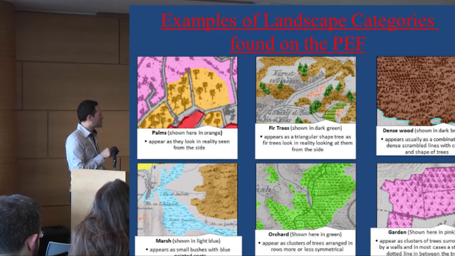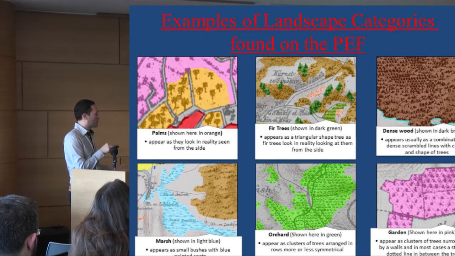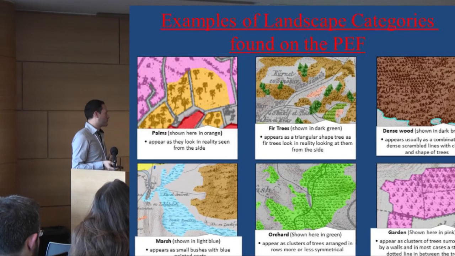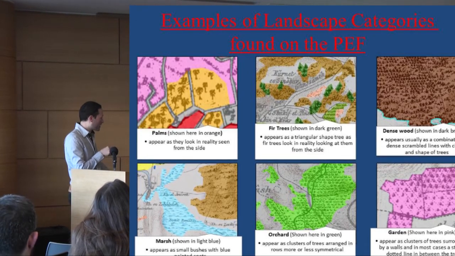You have fir trees, you have dense wood, and sometimes they would also write which wood. Here you have oak forest, but sometimes they would write olive trees or other things. The bluish here is marshland. Here you have orchards. And here they look like orchards, but they are surrounded by a wall and dotted lines, those are gardens.